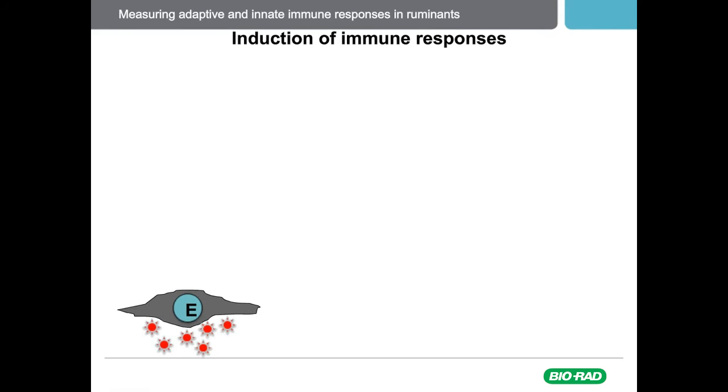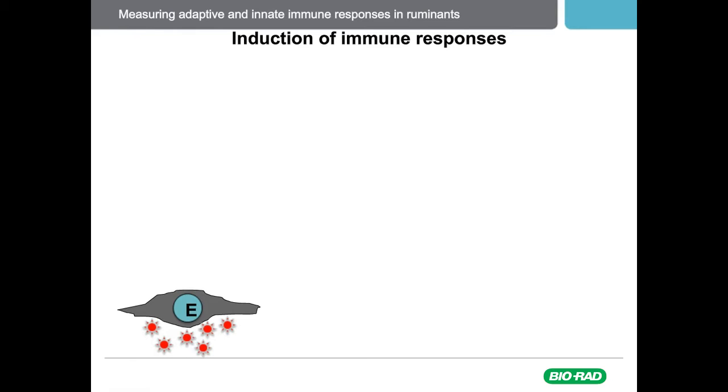So if we think about how we're going to analyse these immune responses, and in our case this was in cattle and sheep, we have to think about how responses are induced naturally by infectious agents. And a common route for infectious agents, obviously not in every case, but in many cases, is through mucosal surfaces. And epithelial cells will line our mucosal surfaces. They will be often the first point of contact for infectious agents.